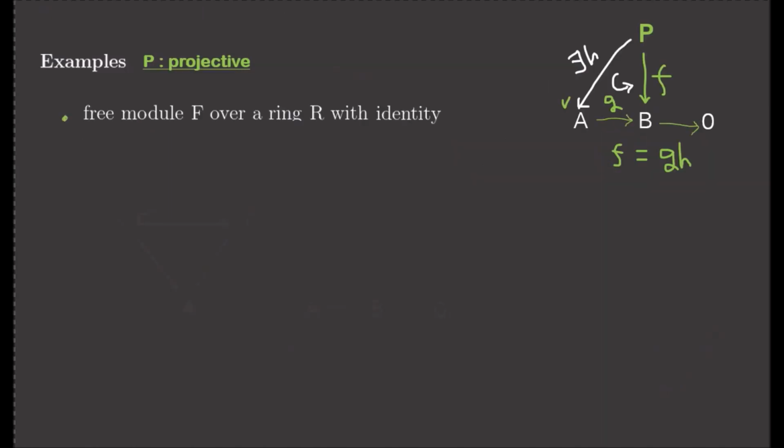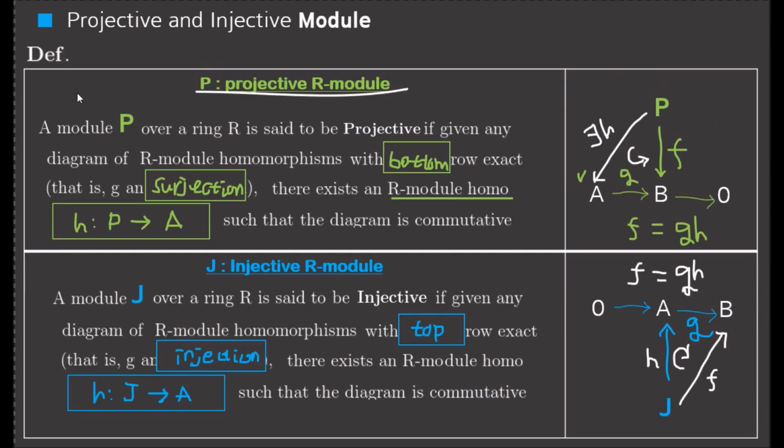Now let's see the example of projective and injective module. Practically speaking, it is hard to find which is injective or which is projective if we just use purely the definition.